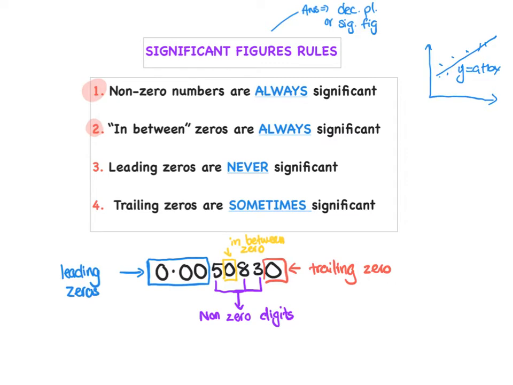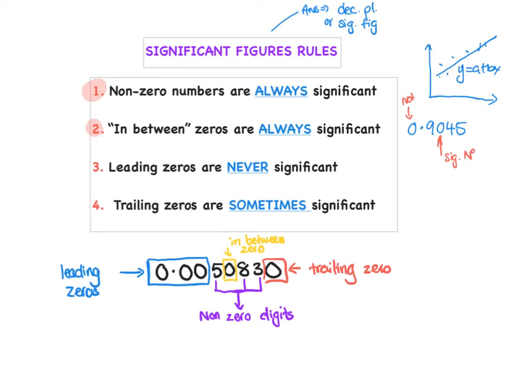What it means by that is if you have, say, a number written like that, this zero is a significant number, okay? This one is not. So that's what it means.